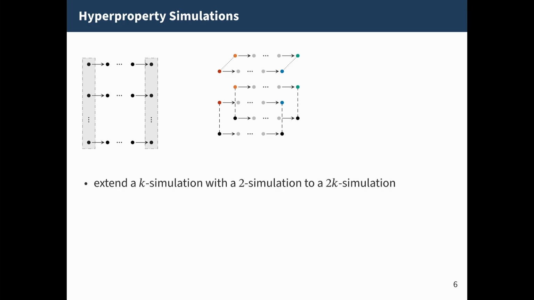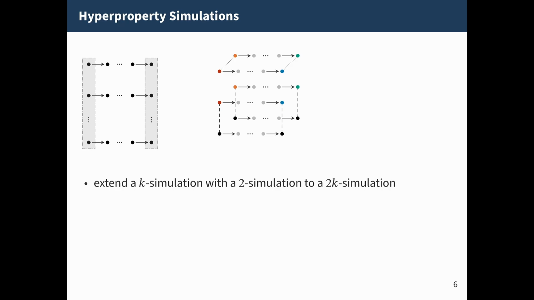If we are looking at two source traces, in our picture here, note that the above ones are always the source traces, and below we have the target traces. And note that the colors mean that these are actually the exact same states. So this red one and this red one is the same, and this orange one and this orange one, that's important.